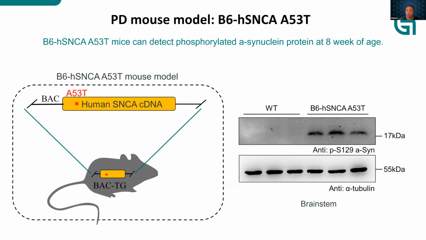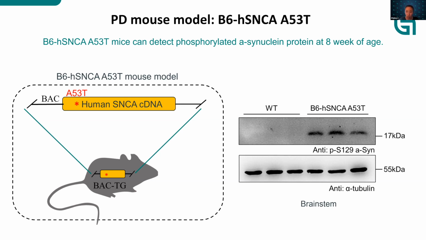Here we use the BAC transgenic approach, introducing human alpha-synuclein cDNA. And in this particular allele, we have the A53T mutation. This mutation seems to lead to alpha-synuclein accumulation in Lewy bodies.